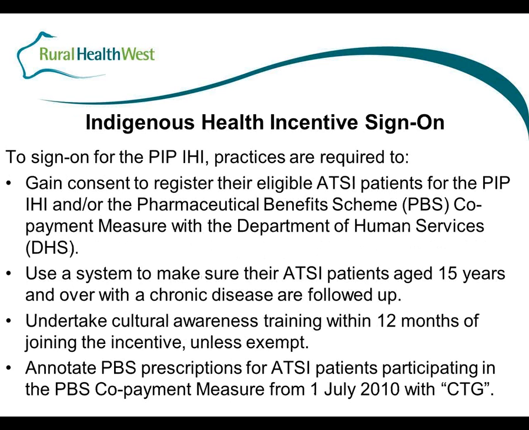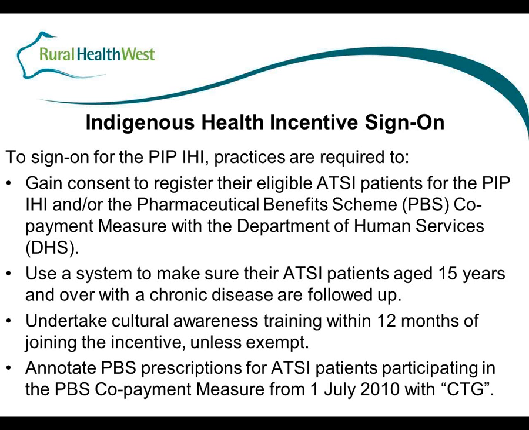To sign on for the PIP Indigenous Health Incentive, practices are required to gain consent to register their eligible ATSI patients for the PIP IHI and or the PBS co-payment measure with the Department of Human Services. You are required to use a system to make sure that Aboriginal and Torres Strait Islander patients aged 15 years and over with a chronic disease are followed up.